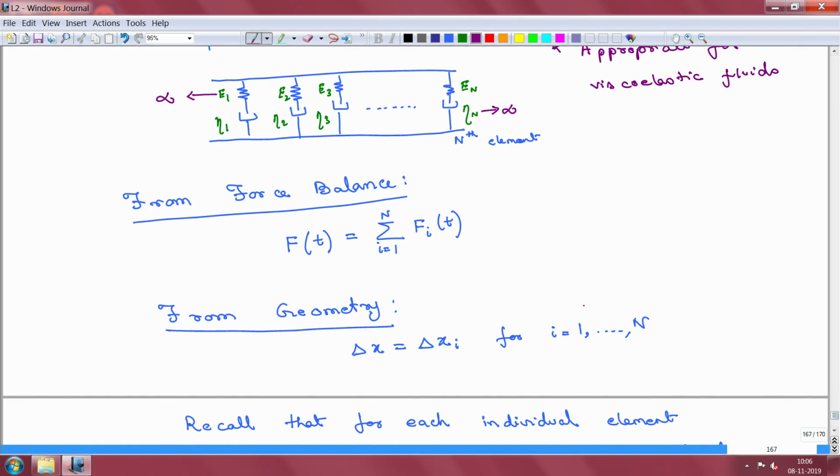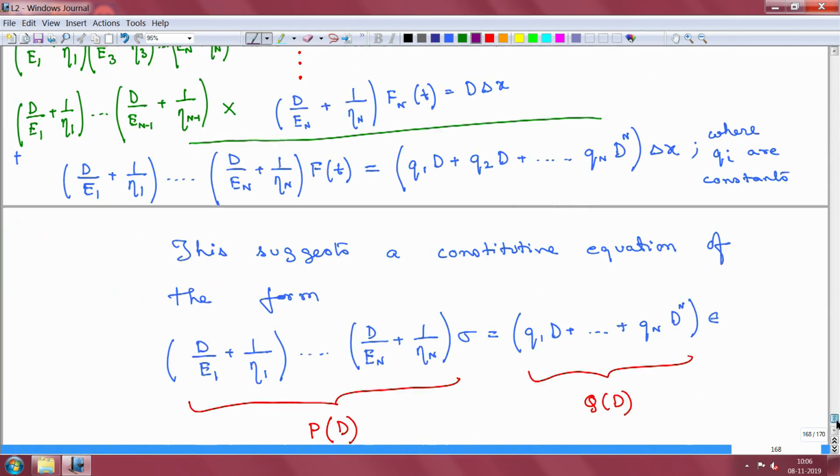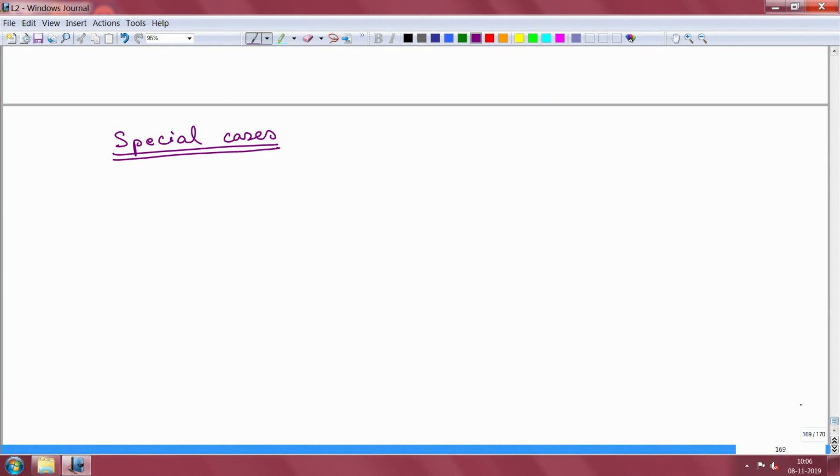So, there are different cases we can do. So, special case. Let us say, I am not sure how many cases we will be able to discuss, the special case: let eta n tend to infinity.